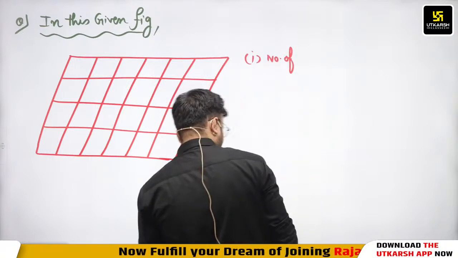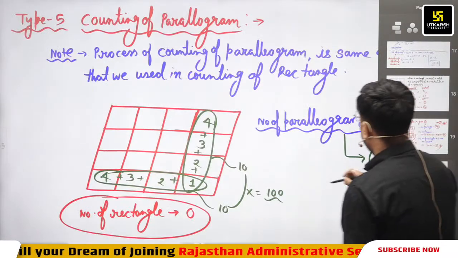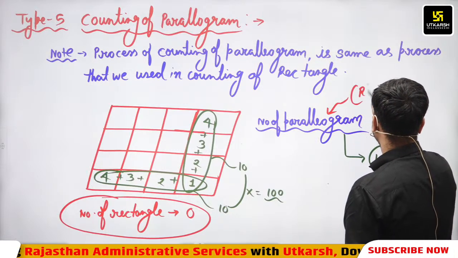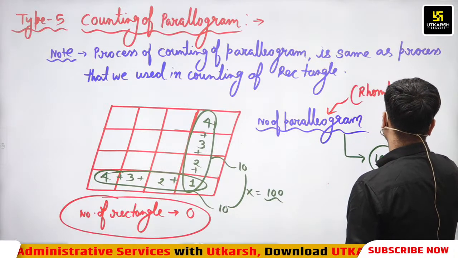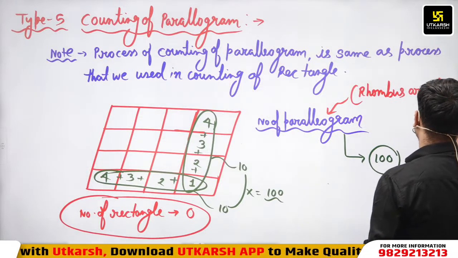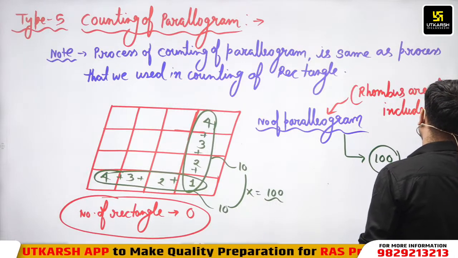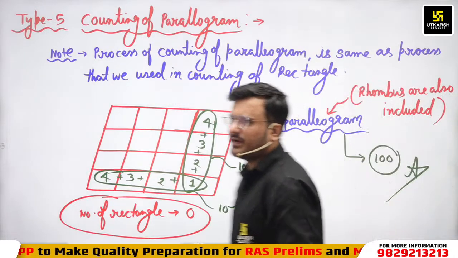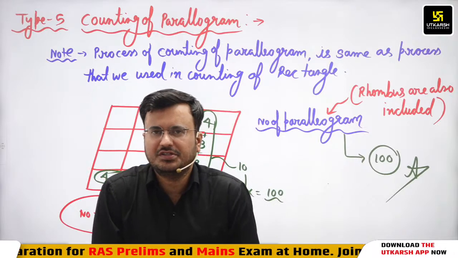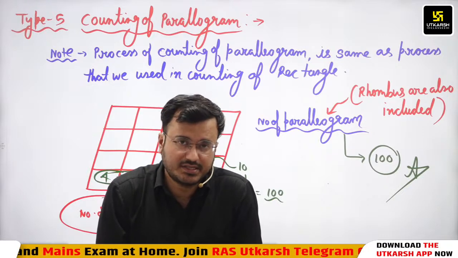One thing you need to understand is that in the number of parallelograms, rhombuses are also included. As you know, a square satisfies the definition of a rectangle. So that's why in counting of rectangles, squares are also included.